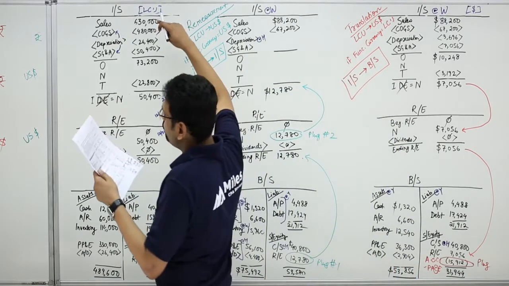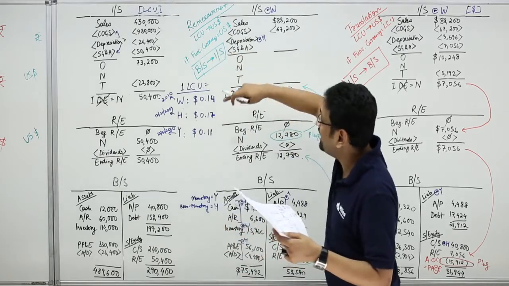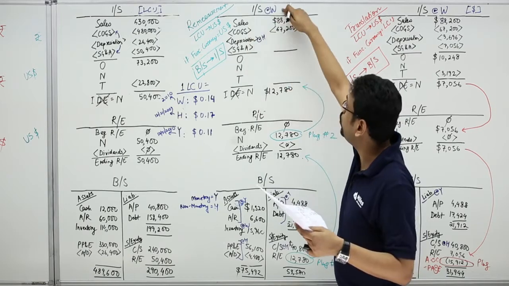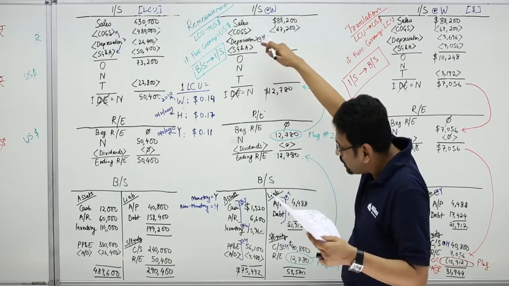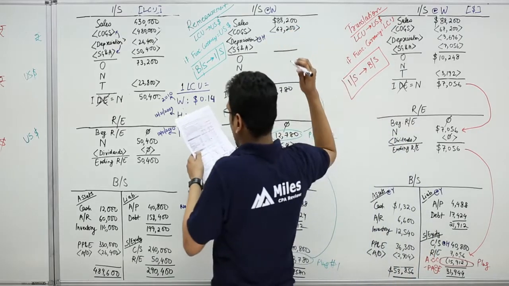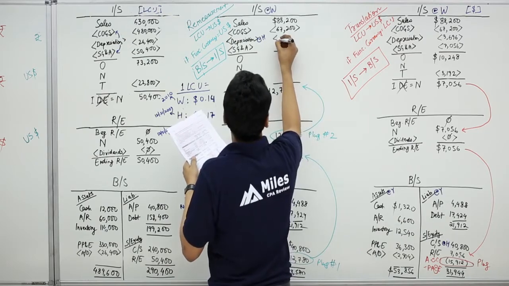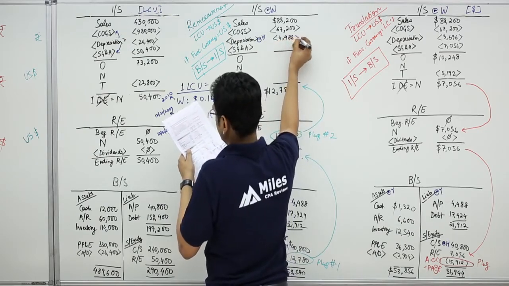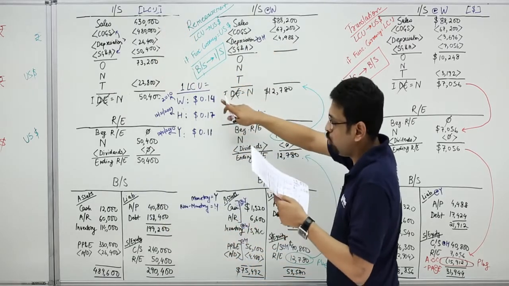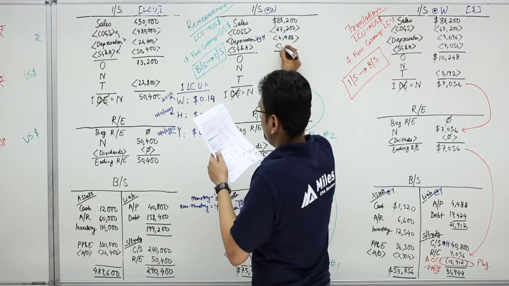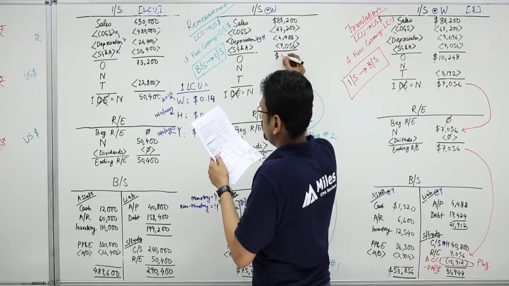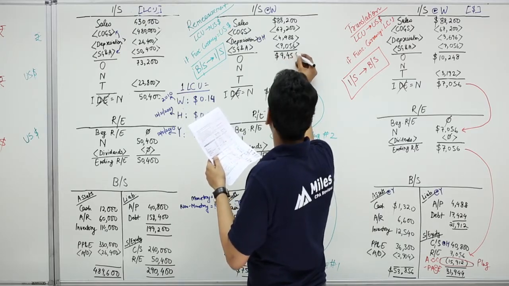So 26,400 multiplied by 17, not 14, 17 cents historical rate. For other items, we've used weighted average. For depreciation, because it relates to a non-monetary asset, PP&E, we're going to use historical, and this comes to 4,488. SG&A uses weighted average, so 50,400 local currency unit into 14 cents gives you 7,056. Operating income is $9,456.